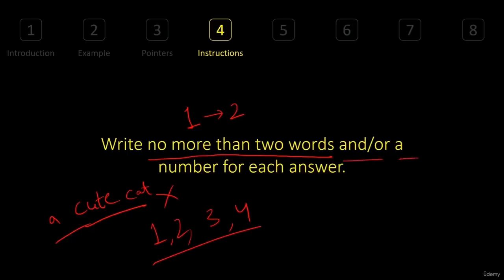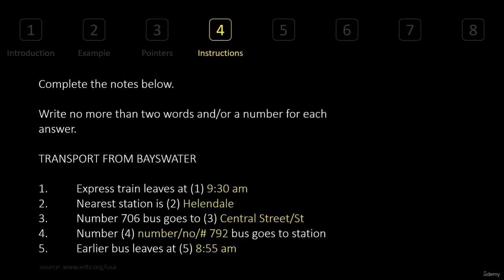When they say and or a number, it means that you can add a number to these 2 words, if it is a number. What I mean by that, I'll show you. See, we have an answer here which we have seen earlier, 9:30 a.m. You see that 9:30 is a number and then a.m. is a word. Let's say we have an example where we say 2 little boats.